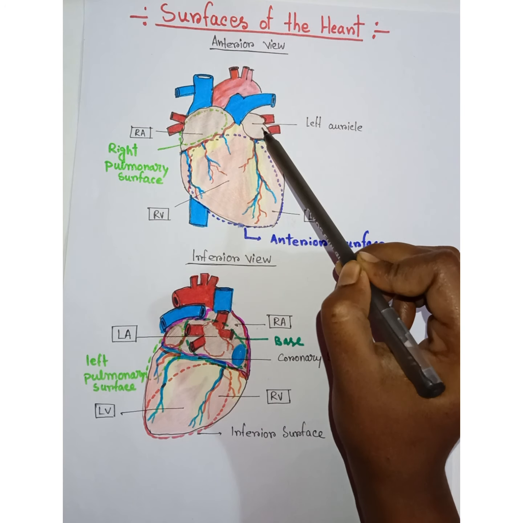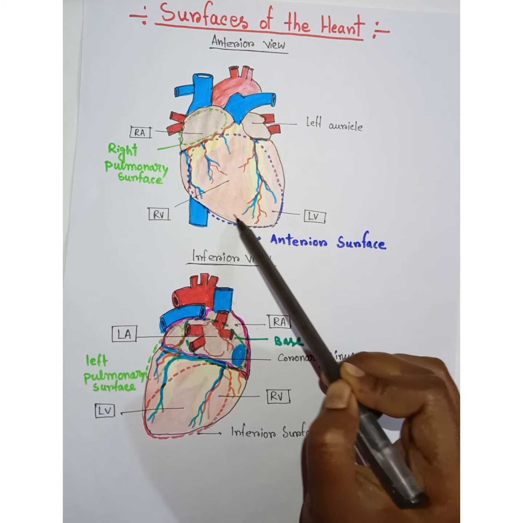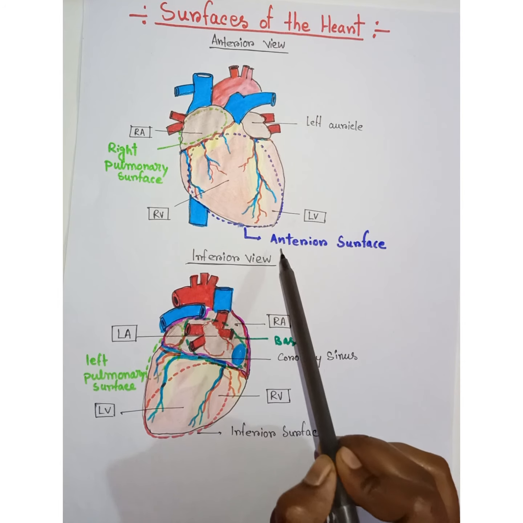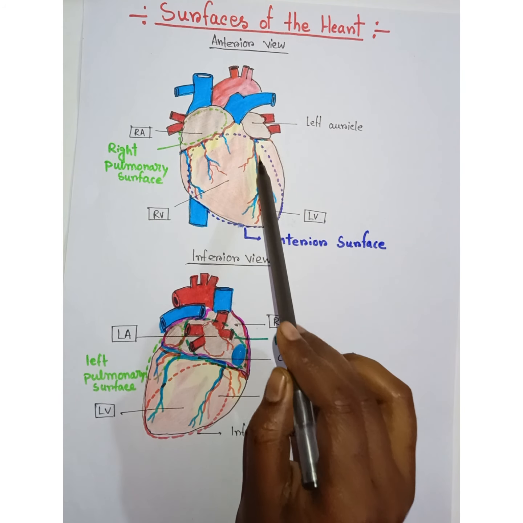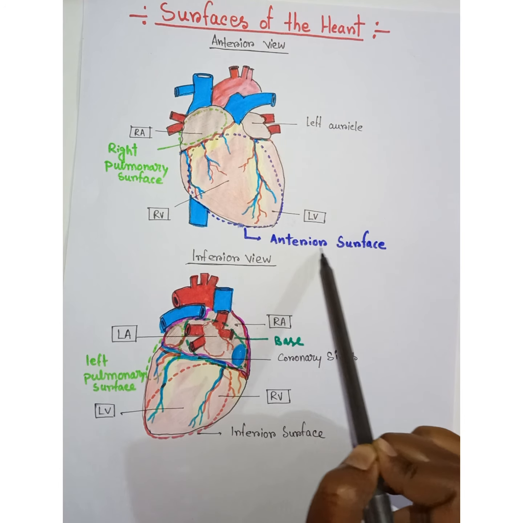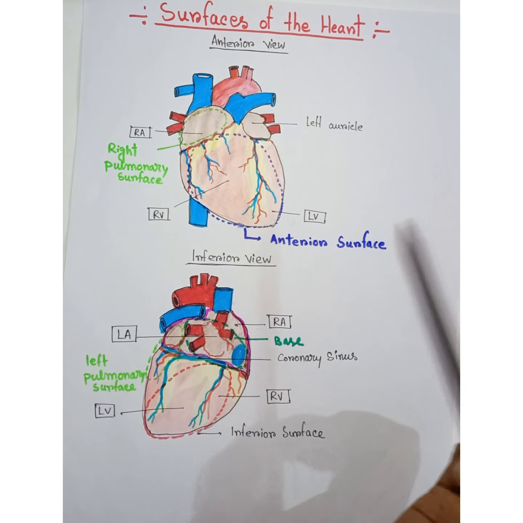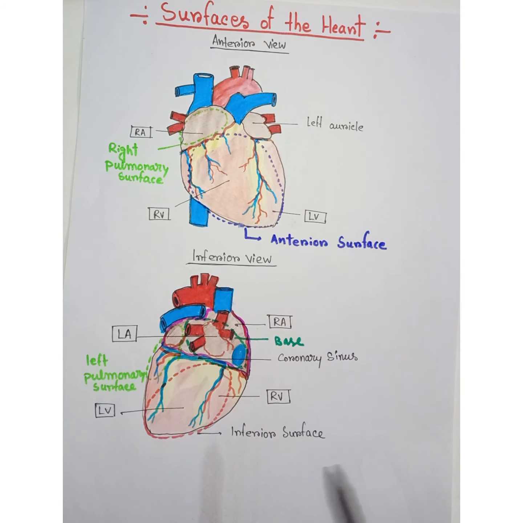This is the left auricle. This is the right ventricle and this is the left ventricle. This violet circle is the anterior surface of the heart.